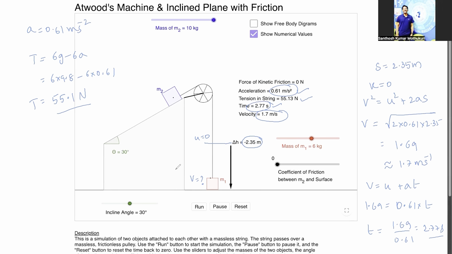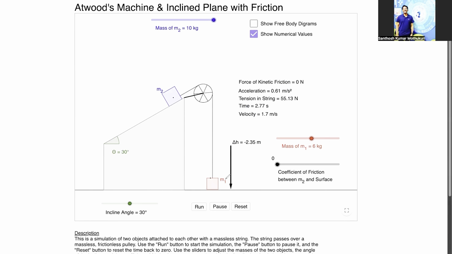So this is how we can solve problems using simultaneous equations and equations of motion for an inclined plane. We follow the same steps. First, draw the free body diagram and guess the direction, and then write the simultaneous equations and solve for the unknown. That's it. Thank you for watching.